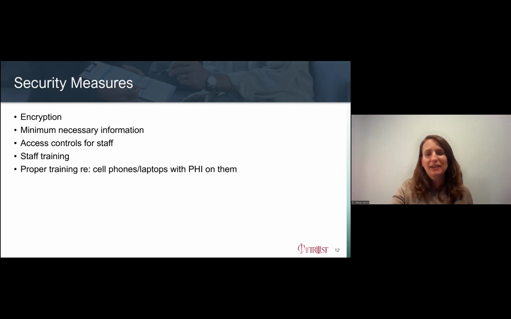Staff training, I can't say it enough. I think it's probably one of the biggest aspects of HIPAA compliance, both the privacy and security rule. It's really important that staff receive training in HIPAA compliance and the policies that you use in your office. It's important because not all offices are going to use the exact same procedures for compliance. There's that scalability.